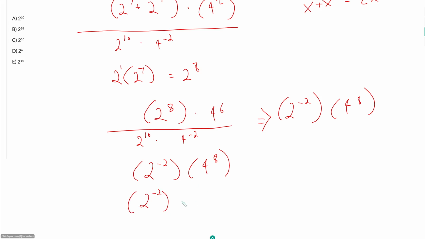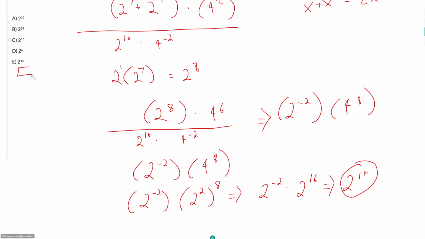So 4 to the 8th, that's really the same as saying 2 squared to the 8th, which is multiply the powers, 2 to the 16th. Now we are just multiplying exponents with the same base. Add the powers, 2 to the 14th, which is E.